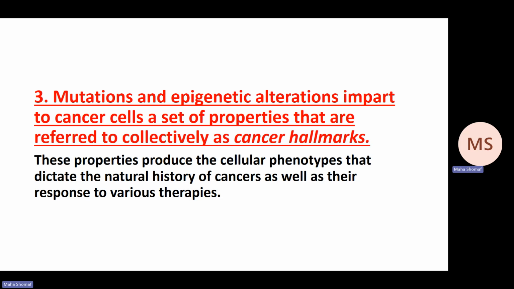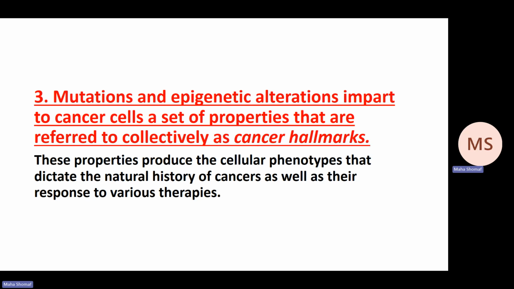The other feature of cancer cells is mutation and epigenetic alteration, which impart to cancer cells a set of properties that are referred to collectively as cancer hallmarks. As we are going to see, cancer cells are different from normal cells, and they acquire some features that are not normally present in normal cells.